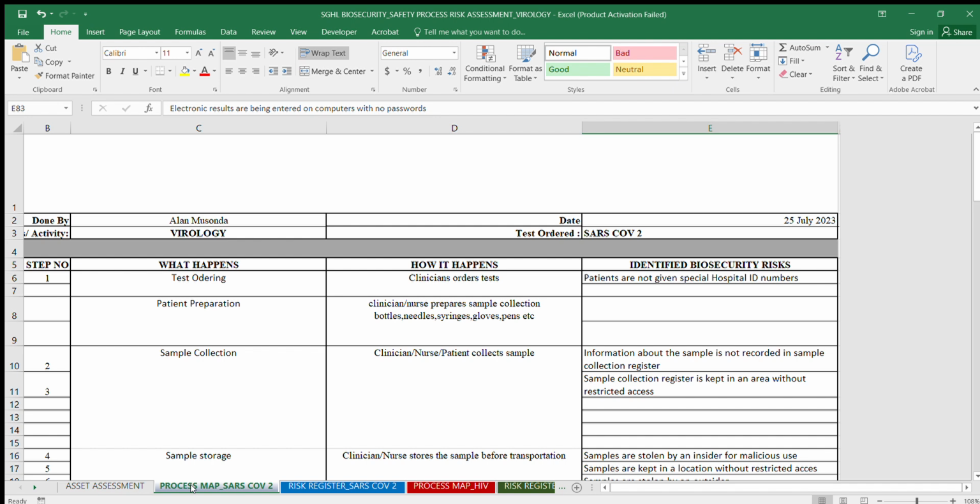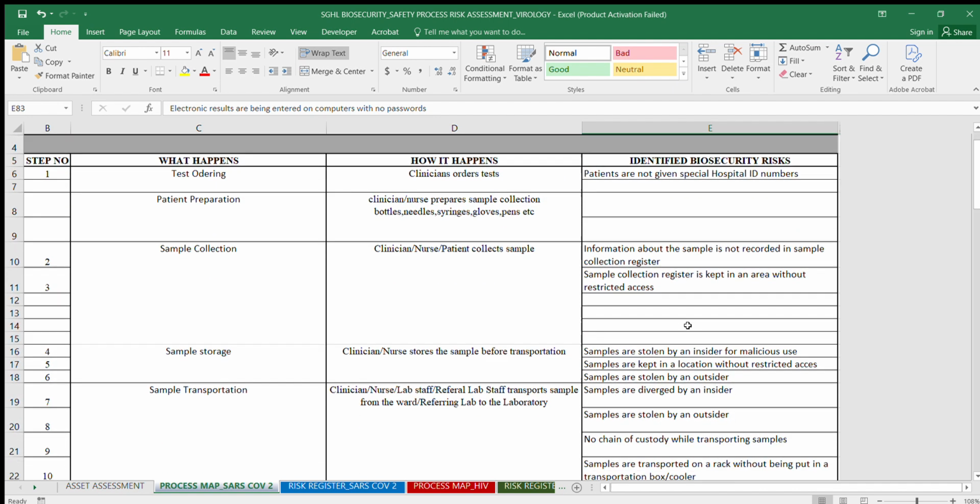In the process, it's a similar layout. You're going to have the process laid out from the pre-examination, the examination, up to the post-examination. Then at each phase, you indicate what happens and how it happens. Then after you describe how it happens, you need to identify the biosecurity risks, not the biosafety risks, but the biosecurity risks in this case.